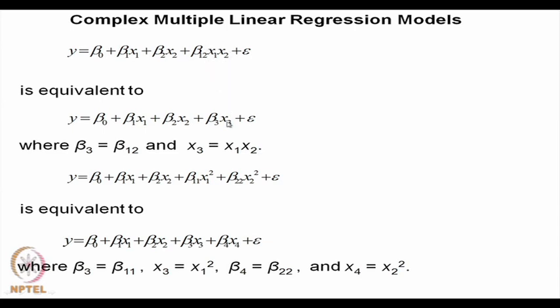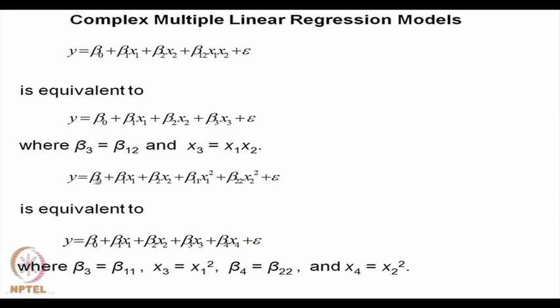So, this can be written as x 3, where x 3 is equal to x 1 x 2, which can be found given the values of x 1 and x 2. Therefore, this is equivalent to another equation, where beta 3 is nothing but beta 12 and x 3 is equal to x 1 x 2.